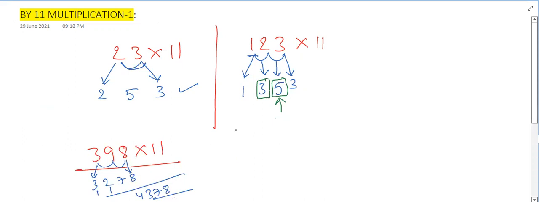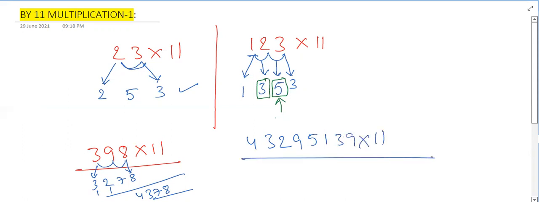Any number of digits we can proceed with in this way. See 4, 3, 2, 9, 5, 1, 3, 9 into 11. Continue. First is 4. Next 7.